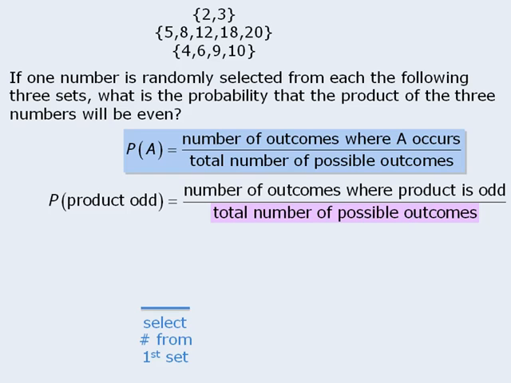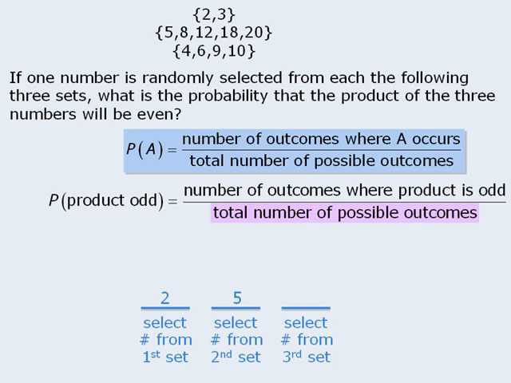One stage is selecting a number from the first set, another stage a number from the second set, and another stage a number from the third set. We can accomplish the first stage in 2 ways, the second stage in 5 ways, and the third stage in 4 ways. When we apply the fundamental counting principle, we can see that there are 40 different outcomes.